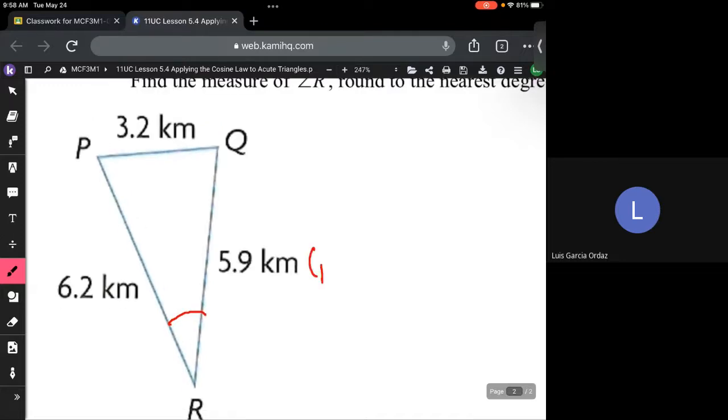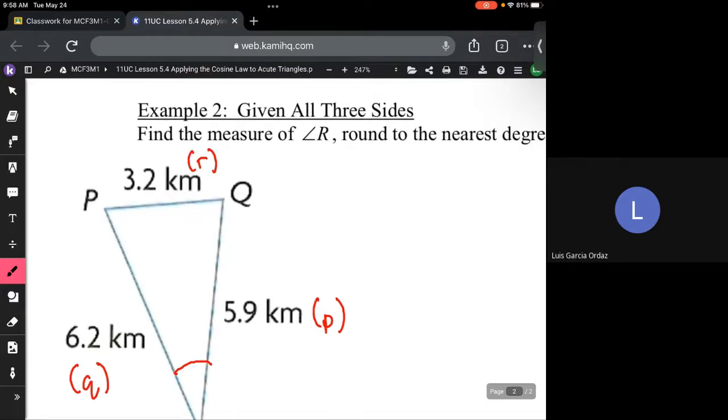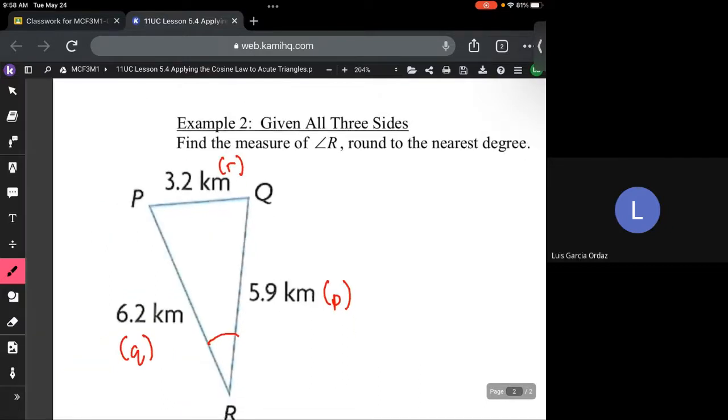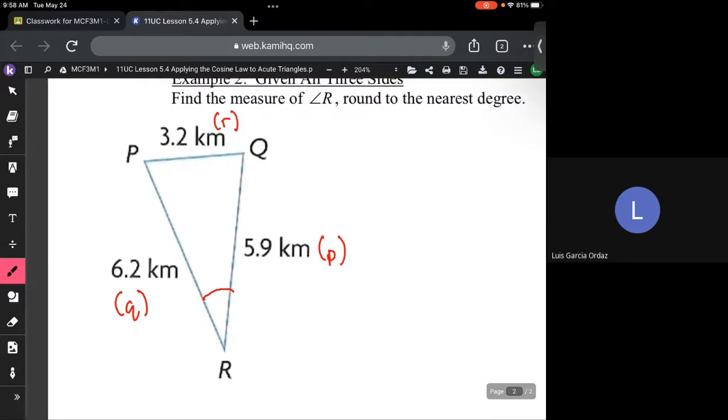Side Q is 6.2. And side R is 3.2. Perfect. Both of them km. So now we have to find angle R. I need to find cosine of R.